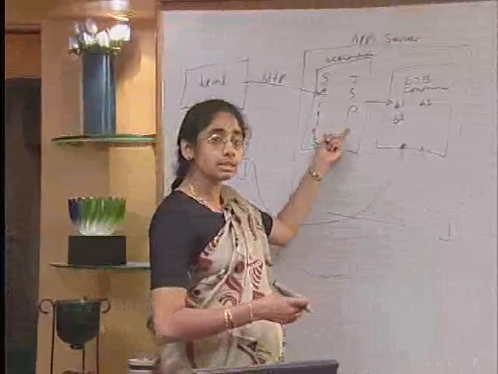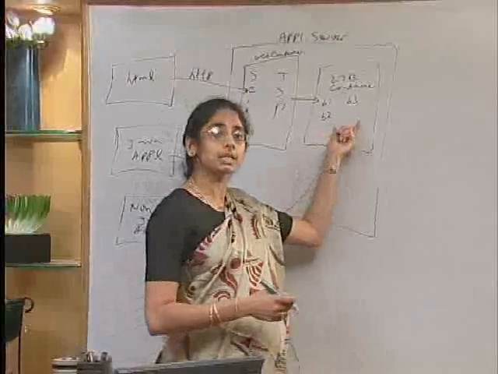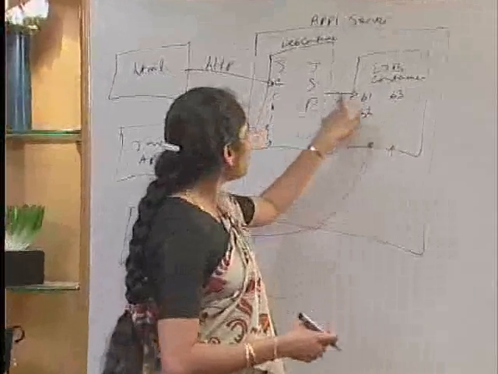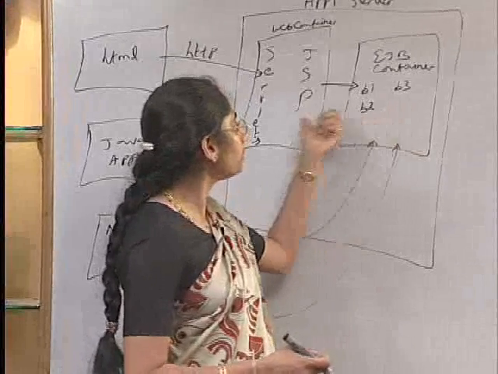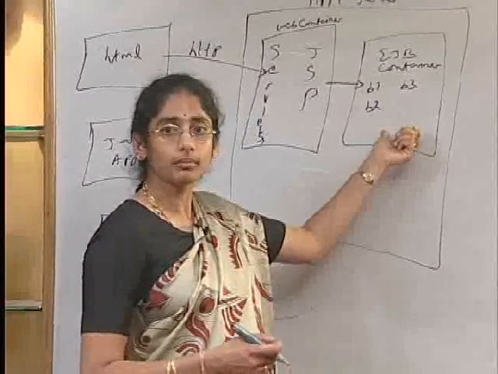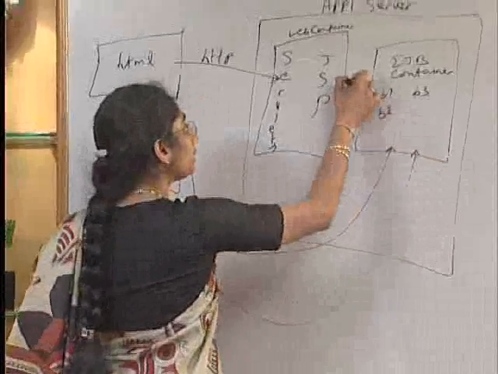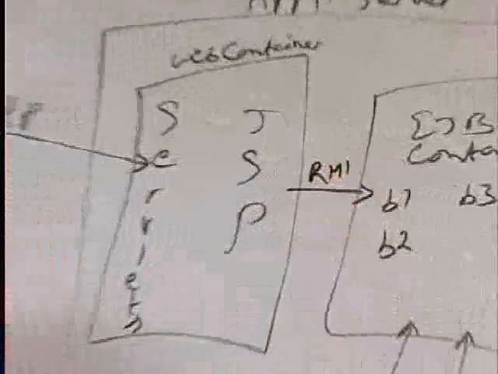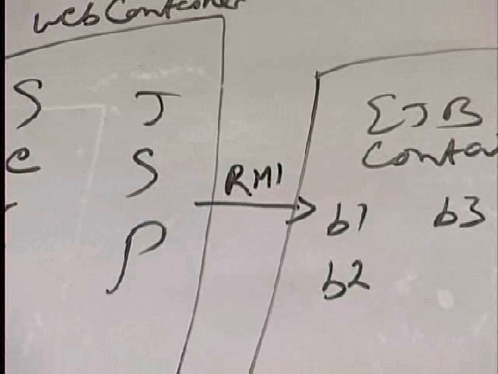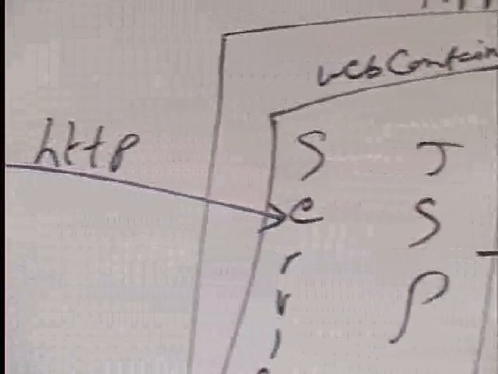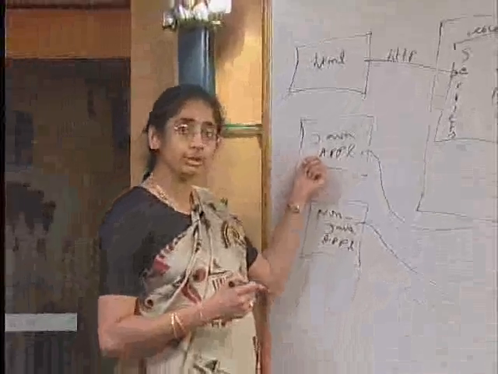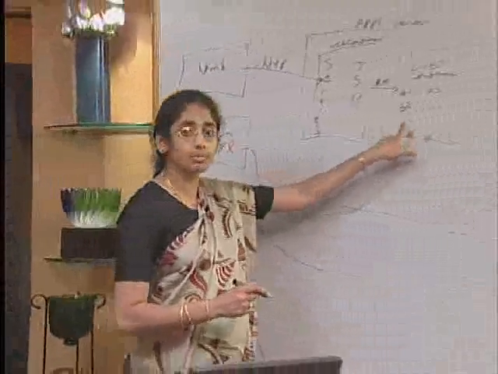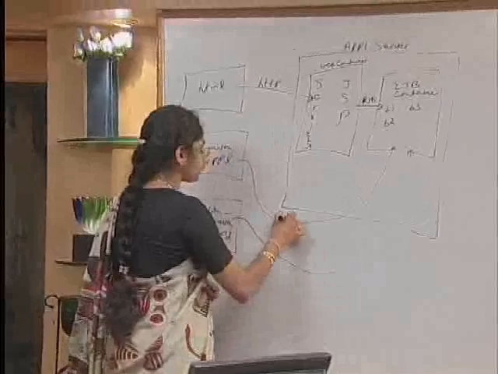Web container is a JVM, EJB container is a JVM. If a web container has to talk to an EJB container, that is, if I have to communicate between two JVMs, the protocol that we use is RMI. If a Java application has to talk to an EJB container, a Java application is also a JVM. A JVM talking to another JVM again is the RMI protocol.